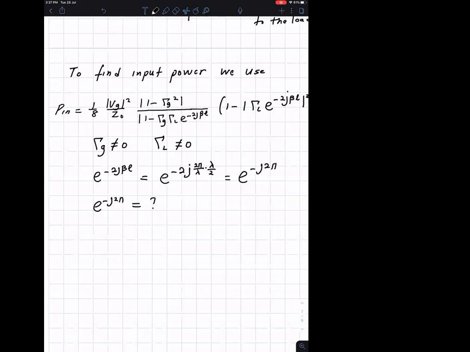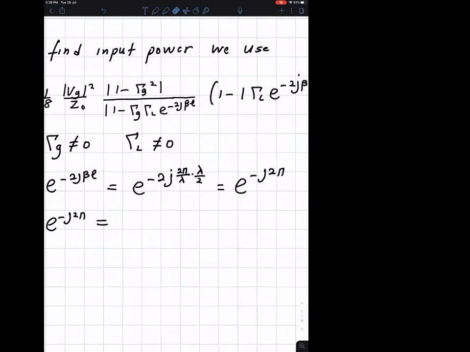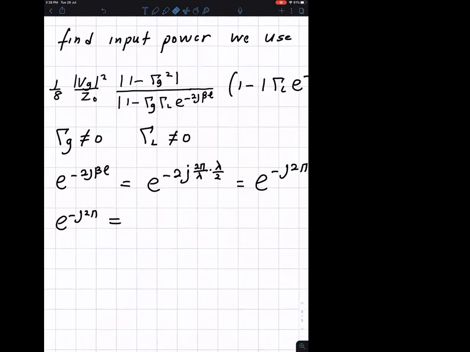Just cross out the similar terms: cross out 2 and 2, lambda and lambda, and then we get 2 pi. So what is that equal to?